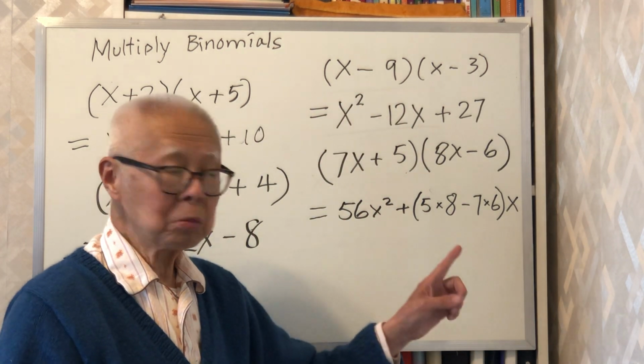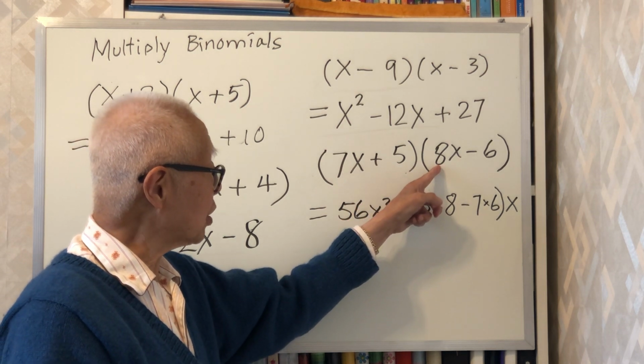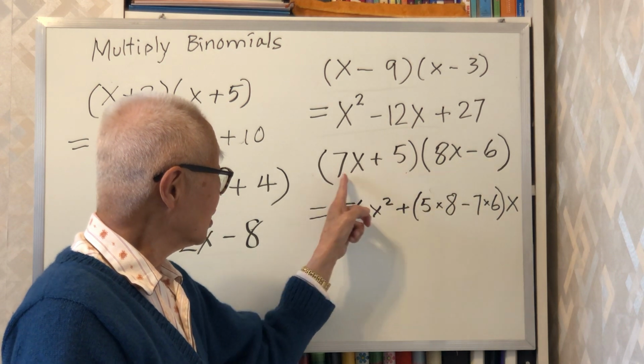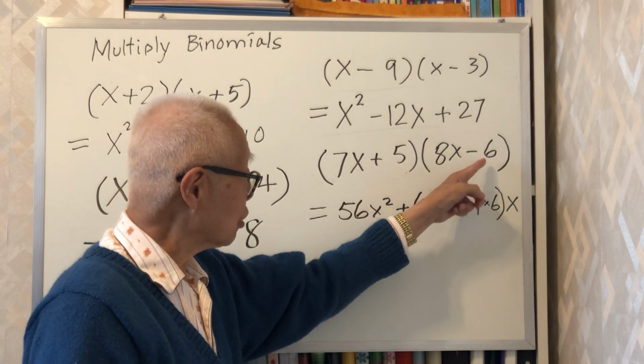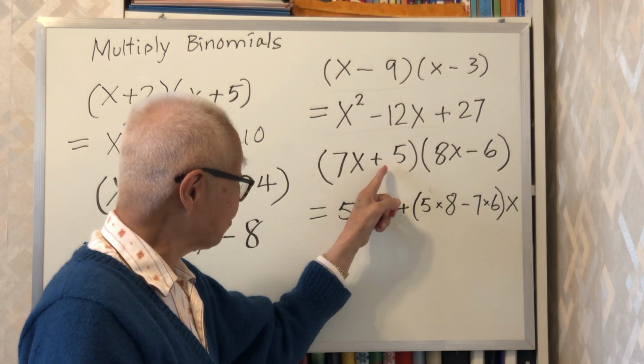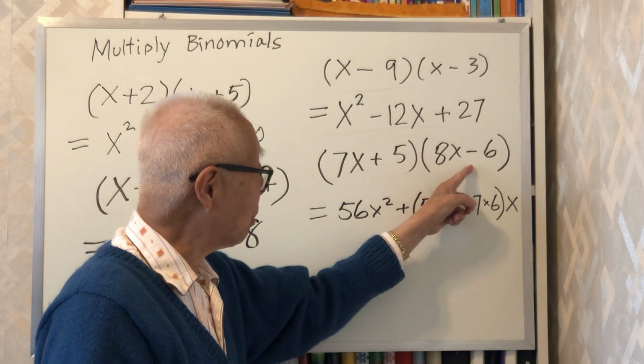The middle term is 5 times 8 minus 7 times 6 x. And then the last term, plus 5 multiply minus 6.